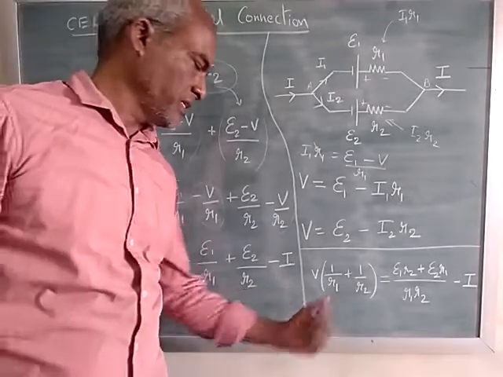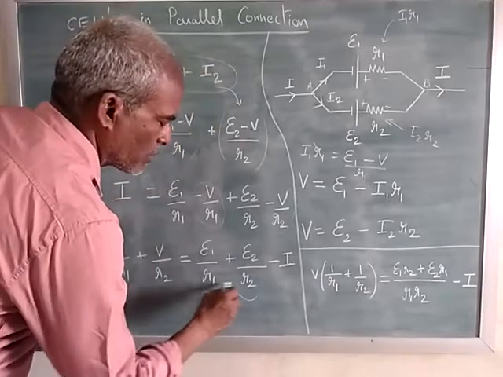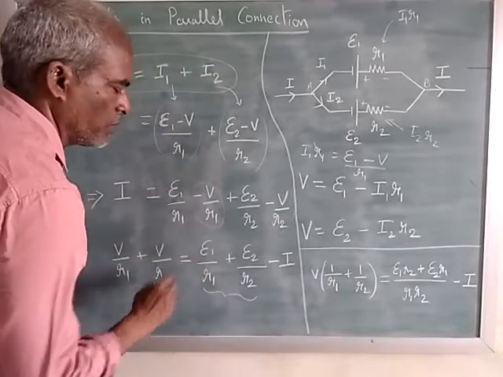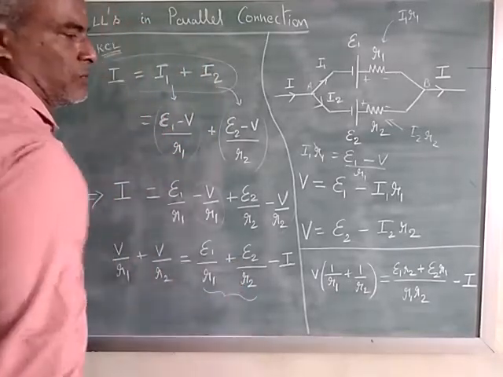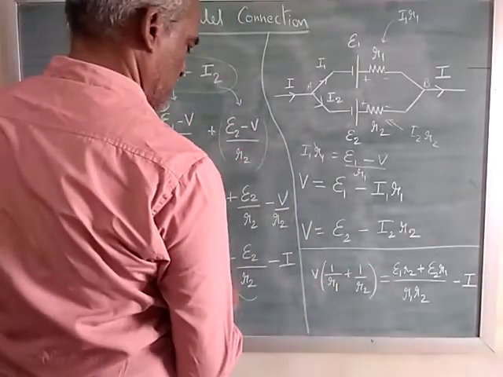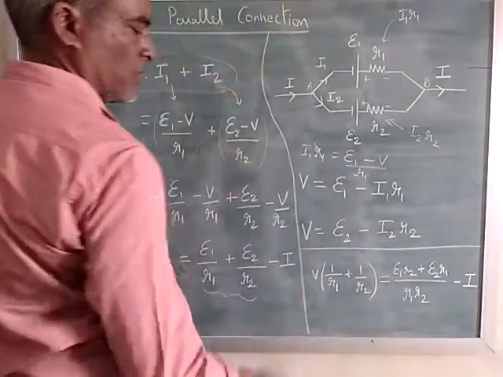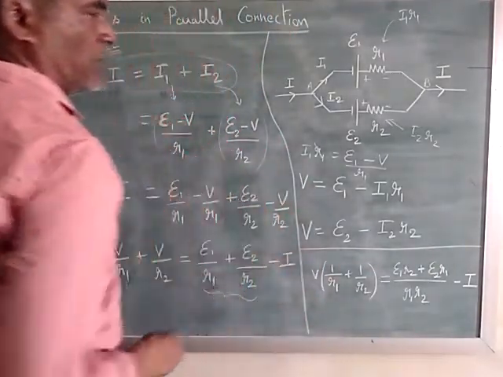If you take LCM, the LCM is R1 R2: E1 into R2 plus E2 into R1 minus I. So this is the last equation.